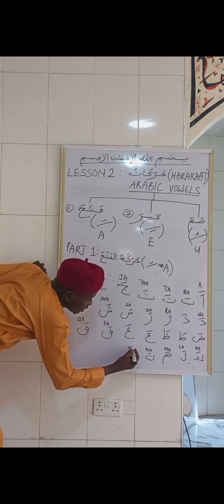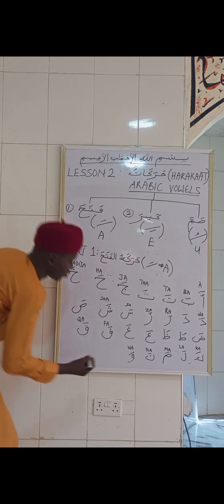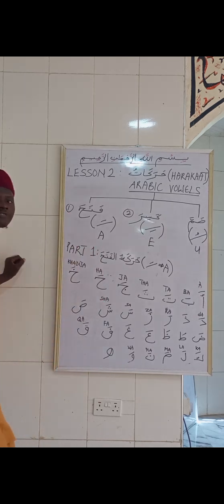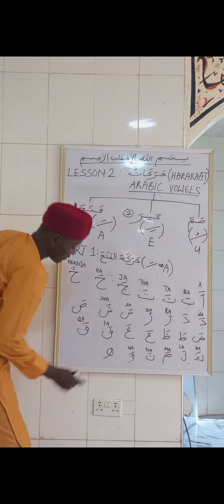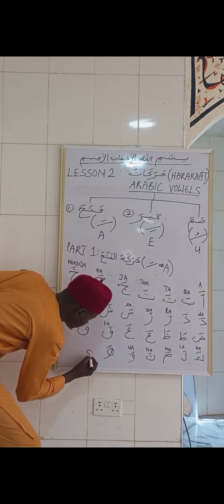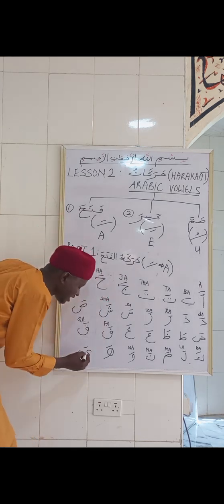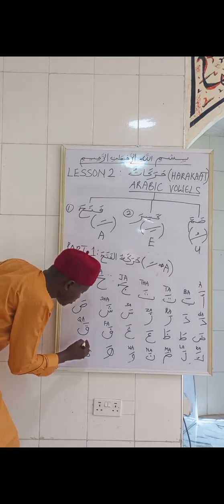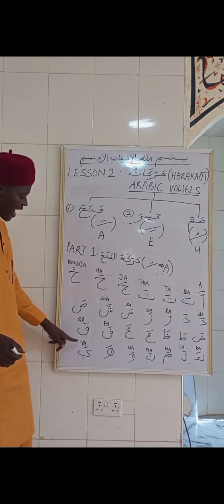So WA is equally wa. Right? So the next is ha. Ha fatha, ha. It doesn't have a replica. Ya, I said ya is similar to Y. So if you put an A, you are going to have ya fatha, ya.